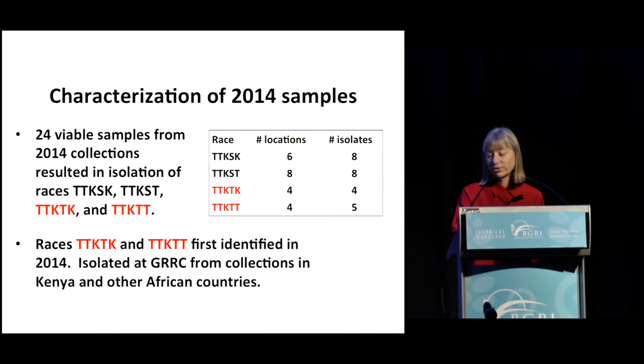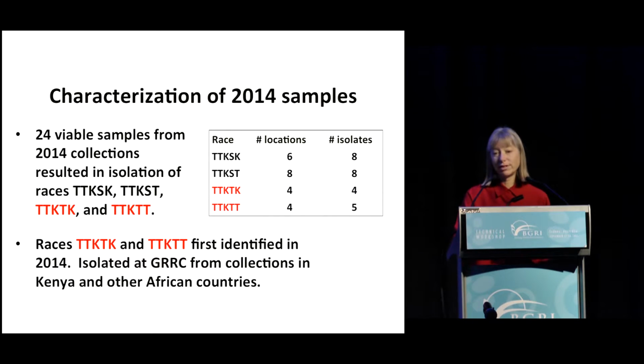24 viable samples from the 2014 collections resulted in isolation of 4 races. They're shown in the summary table, along with the number of locations where each race was found and the number of single pustule isolates for each race. The 2 new races identified in 2014 are shown at the bottom of the table, TTKTK and TTKTT.